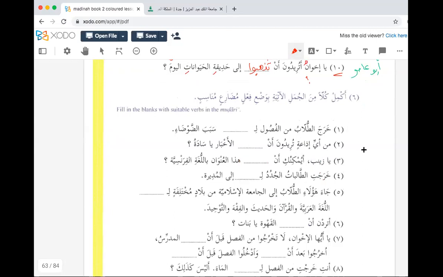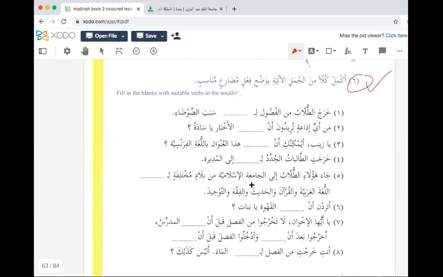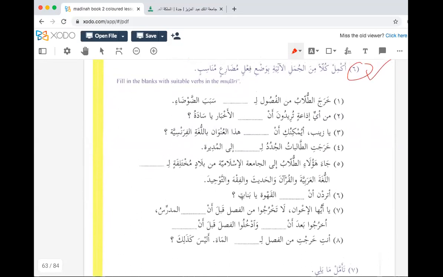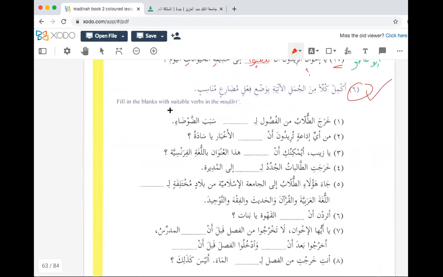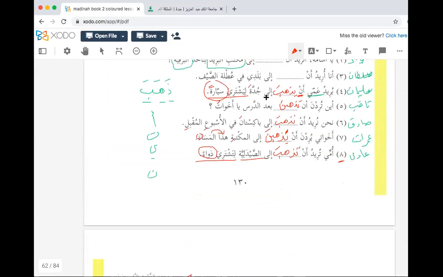Jazakumullah. This one here, if you could do for homework, inshallah. Let's see if we can get this uploaded on the classroom. For those of you who haven't got access to the classroom, you can email Markaz Athri, hopefully to get access, inshallah. It says, fill in the blanks with the suitable fi'al mudari'. So this one says, using only dhahaba.